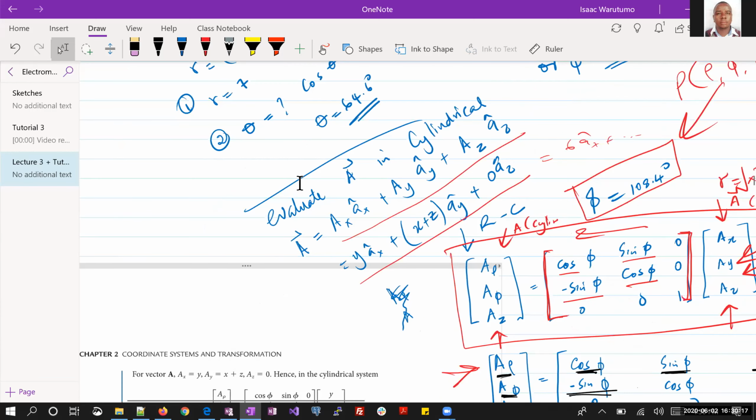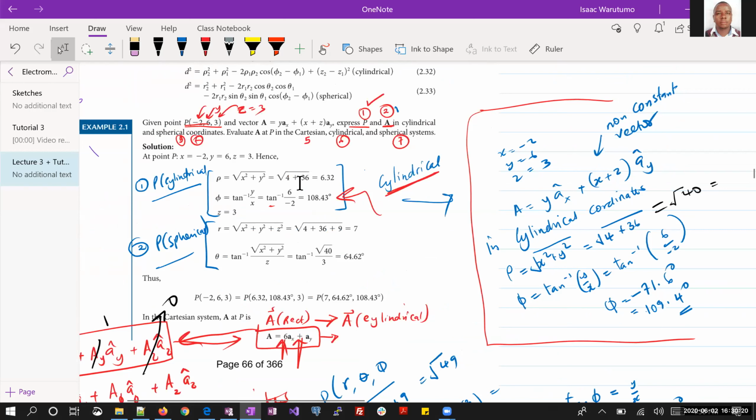I'm now looking for the question. Confirm that there's nothing we have left out. What we have remaining, I'm jumping number 4 for you to do. This is your task. I'm going to do A in terms of cylindrical and A in terms of Cartesian, but this one is for the reader to do. Having said that, we can jump to that section.